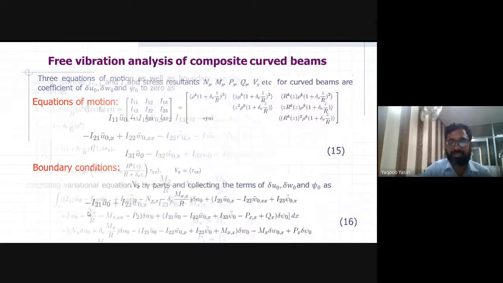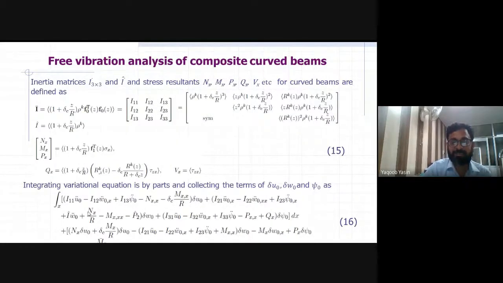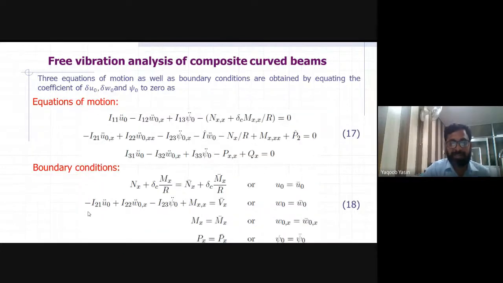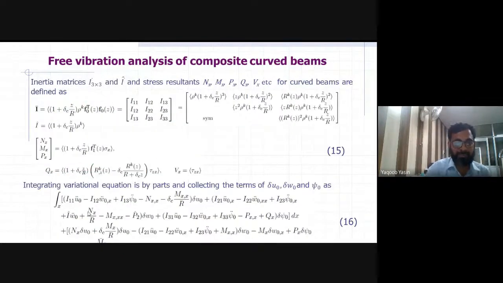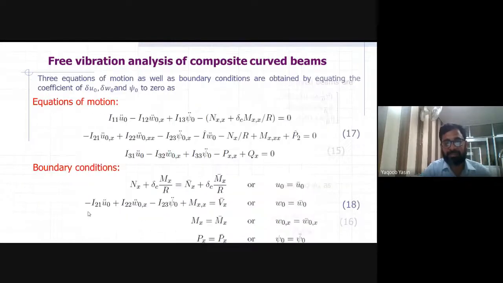We have three displacements, therefore we have three equations of motion. Similarly, the other parts, which are shown by some bar, N x bar and so on, are the consistent boundary conditions obtained by Hamilton's principle. So we now have equations of motion and boundary conditions.